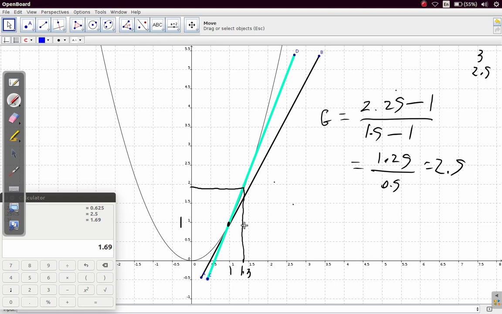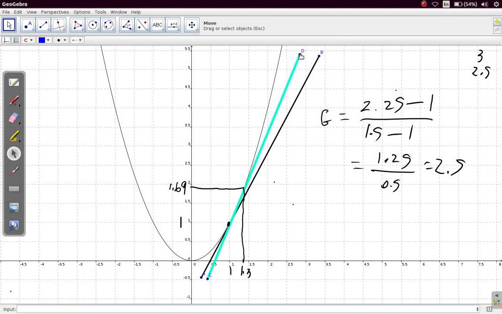This line is not very straight, but it goes up to the curve, and then to the left we have 1.69 on the y-axis. So we shift the line so that it goes through 1 and 1.69. Make sure it goes through 1 and 1.69. And you notice the green line which we're shifting is lying closer and closer to the original line.